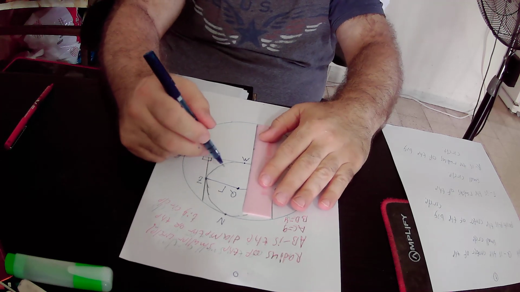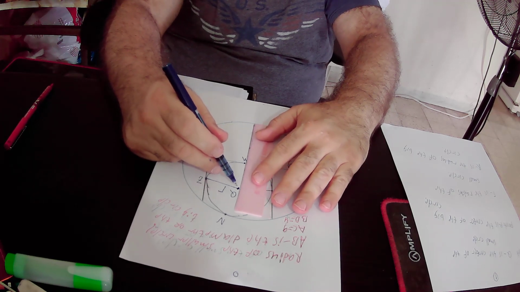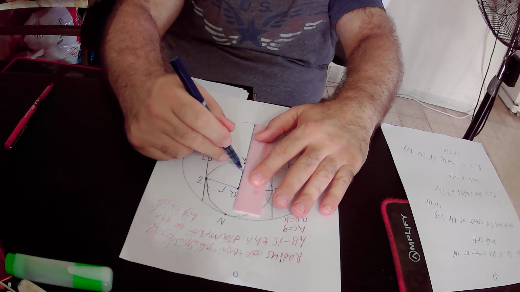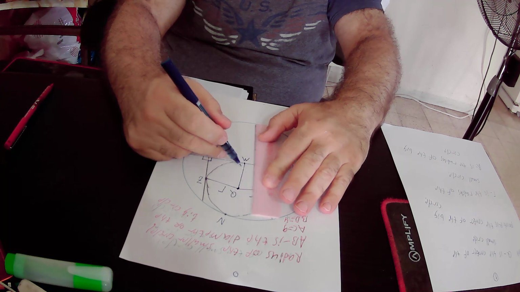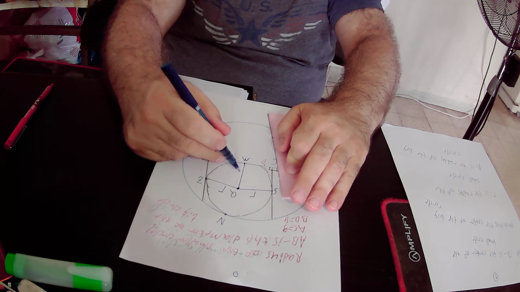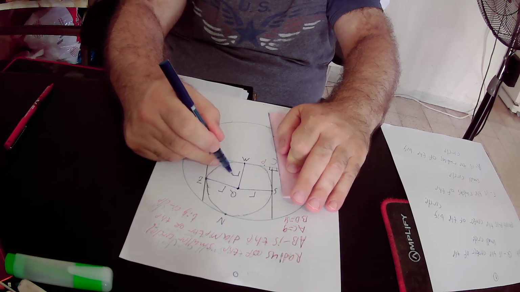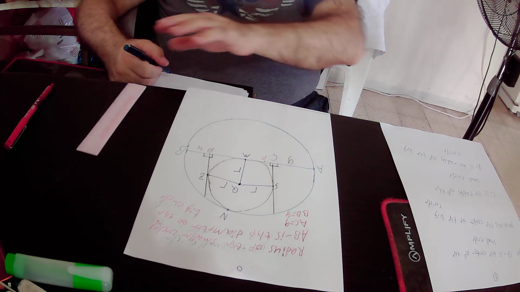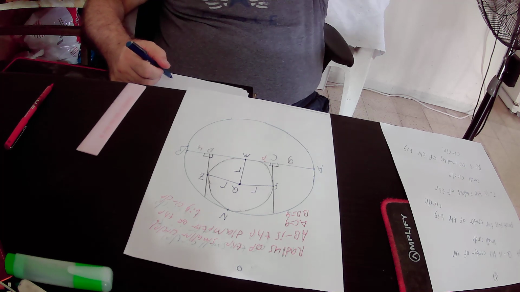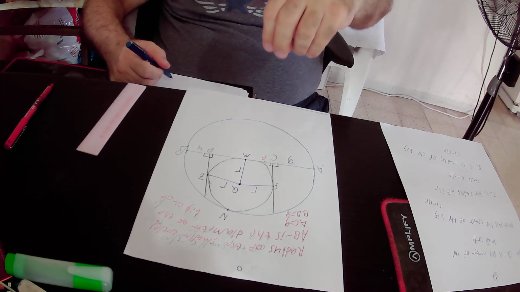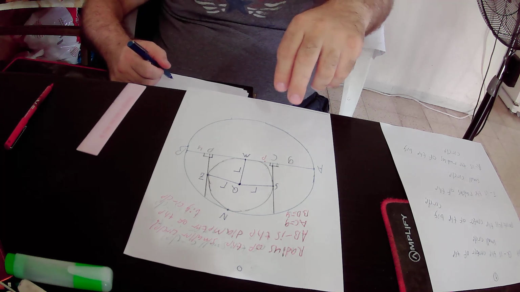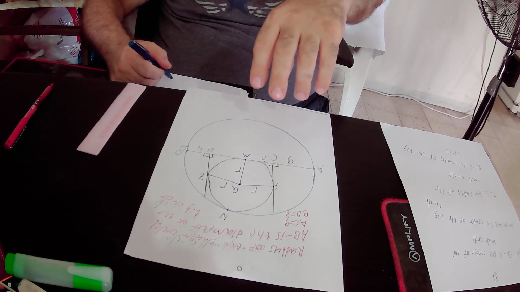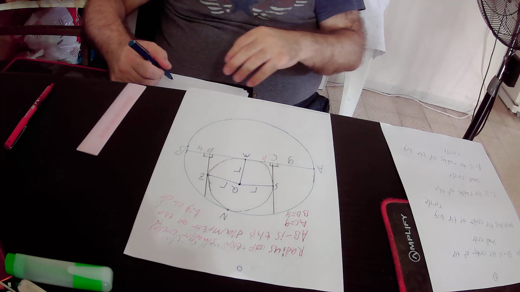And I will draw the third radius that exits from the center of the circle and touches the tangent point, that is point M. Okay, so we have here 3 radiuses that are drawn to the tangent points of the circle.